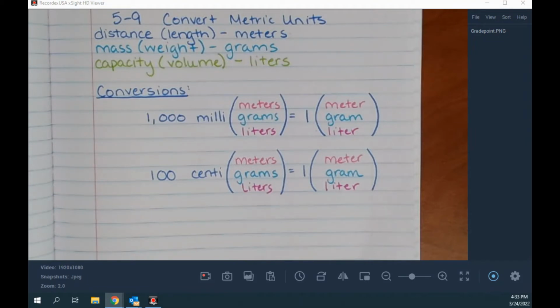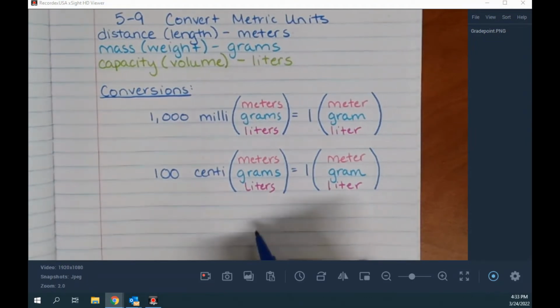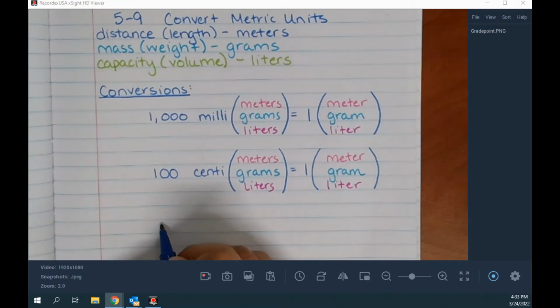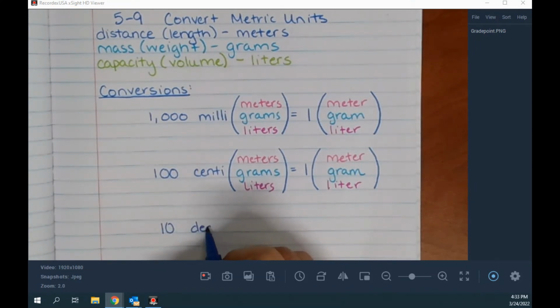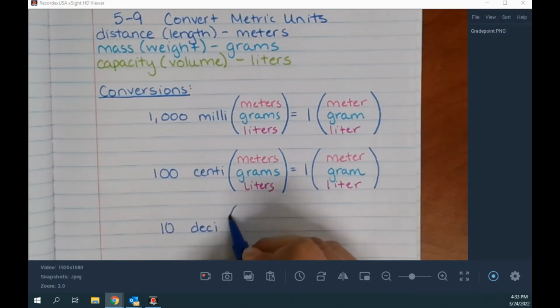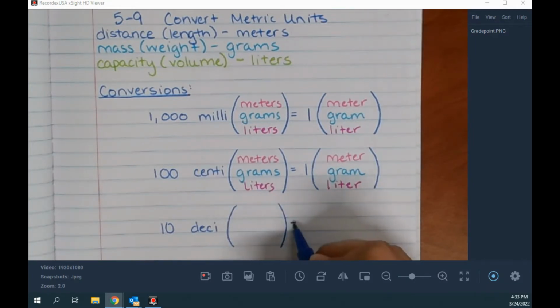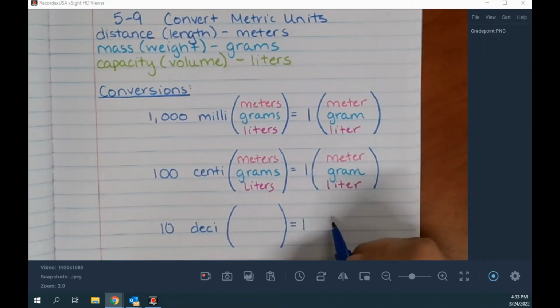All right, now we're going to look at the prefix deci. So let's say I have 10 decimeters. That's going to be equal to 1 meter.